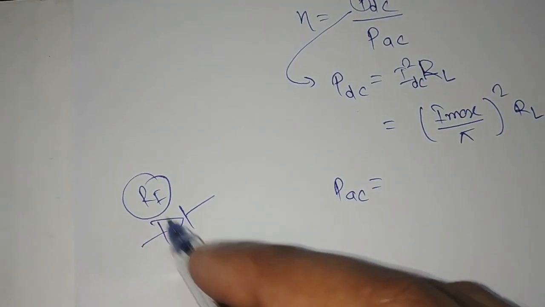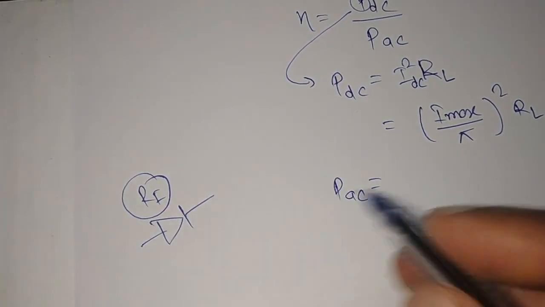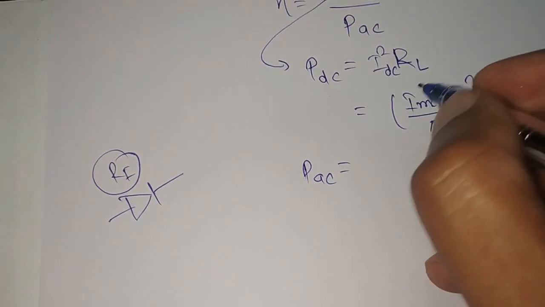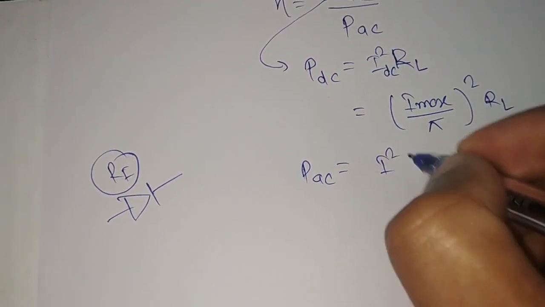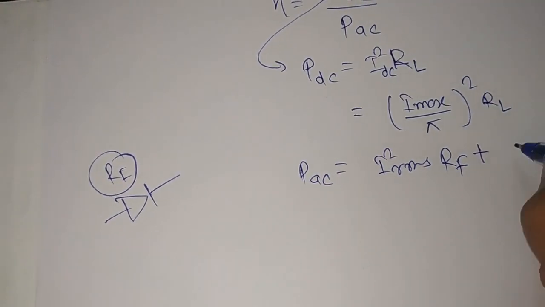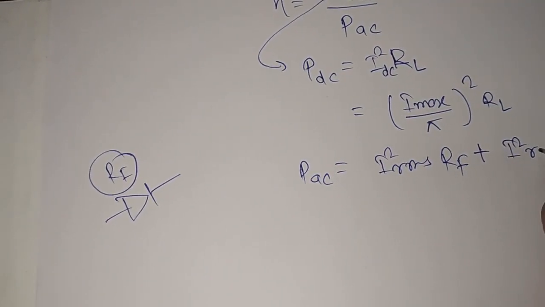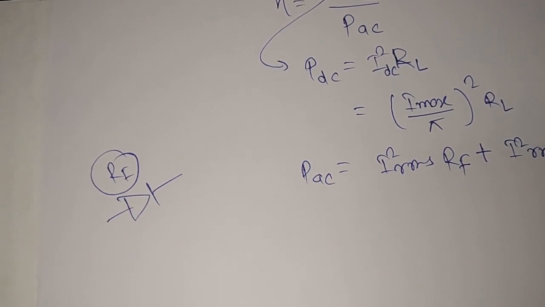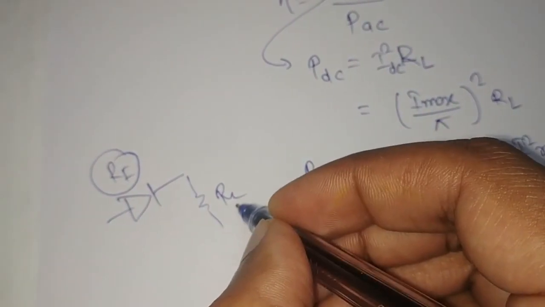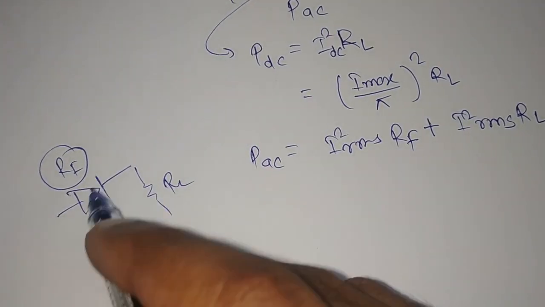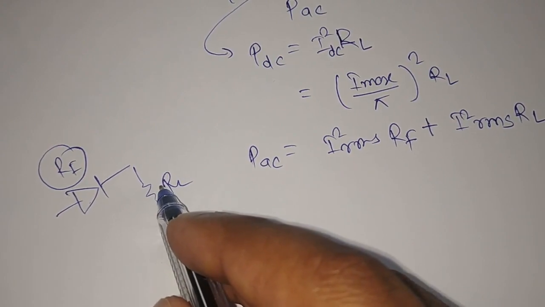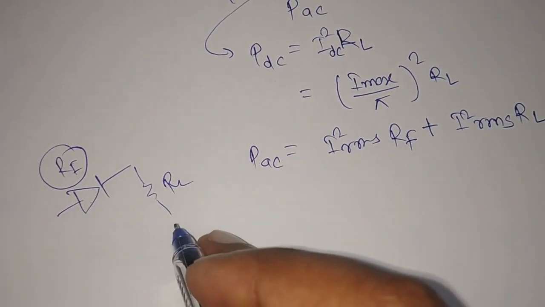Inside the diode, internal resistance we are considering as RF. So this PAC will be equal to, it is given by I square RMS into RF plus I square RMS into RL, that is the load resistance. Right, so power consumed inside the diode and power consumed at the load is given by this particular value.